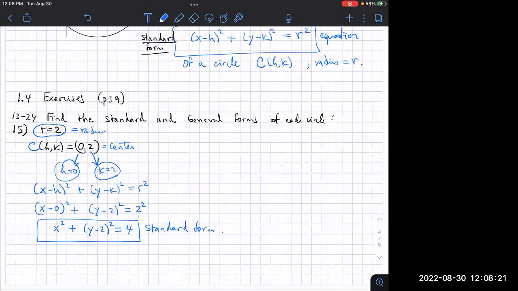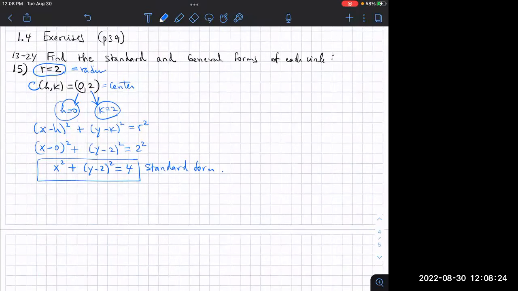To get to the general form, we want to open the y minus 2. So we get x squared plus y minus 2 squared. Now one identity that comes very handy, because we're going to do a lot of this, is a minus b squared, which is a squared minus 2ab plus b squared. That's because a minus b squared is a minus b times a minus b, and when you multiply two binomials, you have to FOIL it.